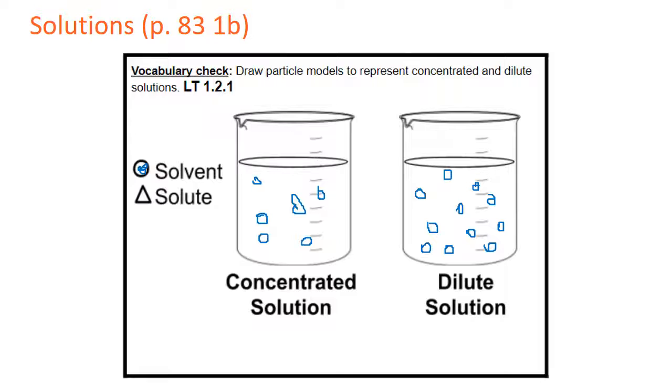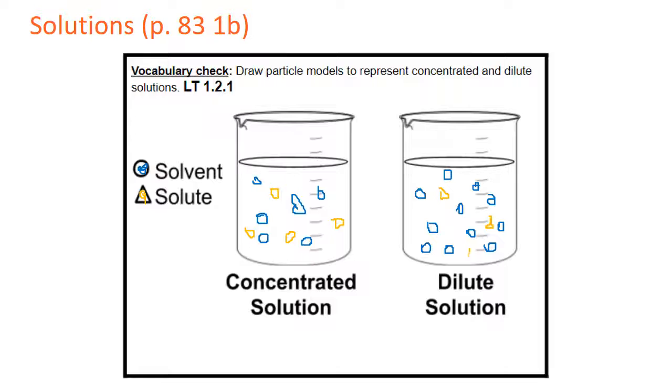Good. And now I'll use yellow to represent my solute. This is the substance that's present in the lesser quantity. So there's going to be less solute than solvent. So we'll say maybe 4 or 5 solute molecules in the concentrated solution, but maybe only 3 over here.